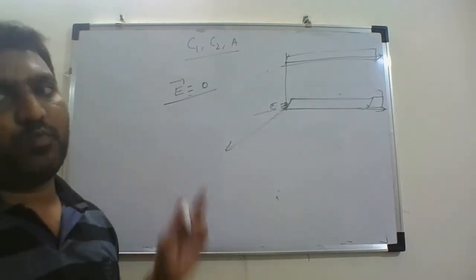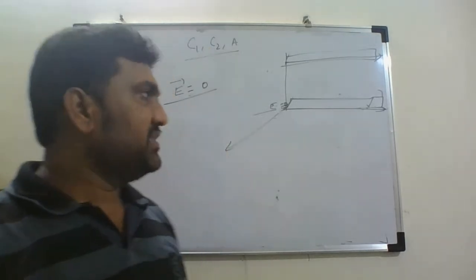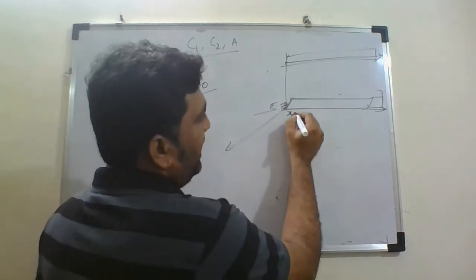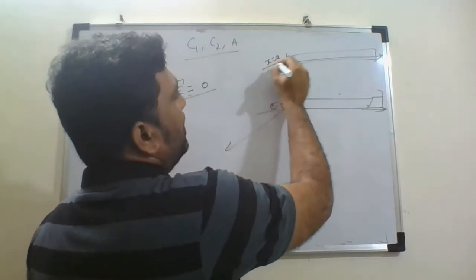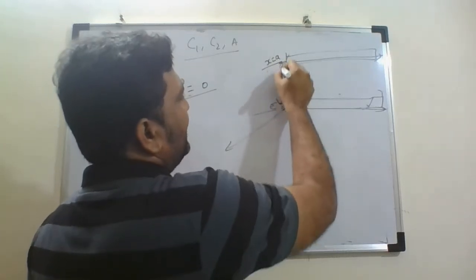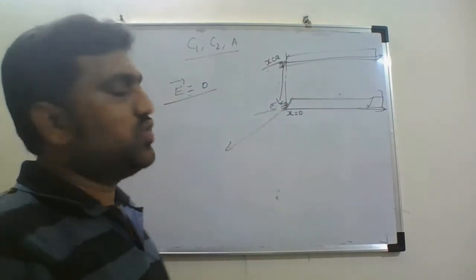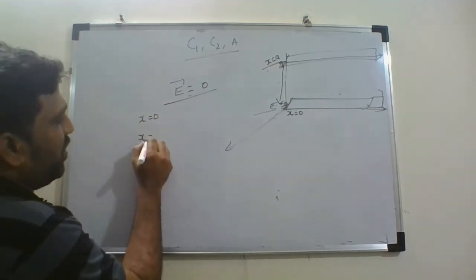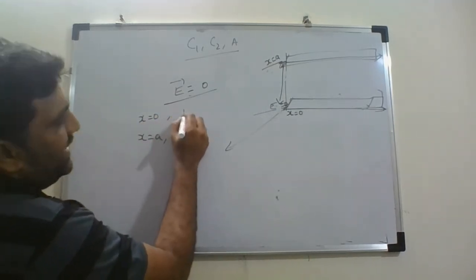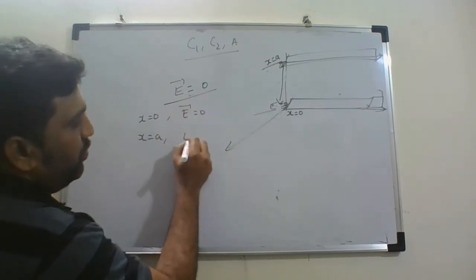This we know. So one plate I am placing at x equal to 0, and one plate I am putting at x equal to a. So at both these points, at x equal to 0 and x equal to a, my electric field should be 0.